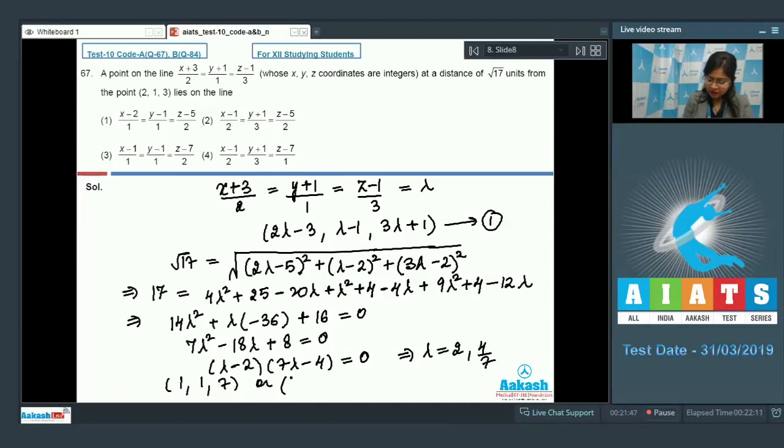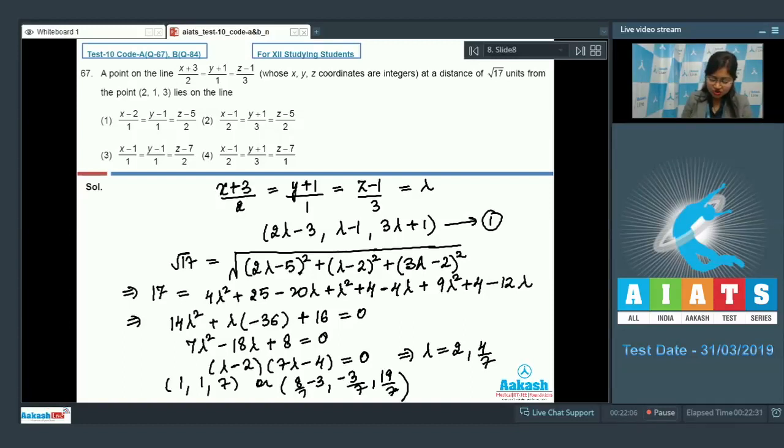The other point will be 8 by 7 minus 3, 4 by 7 minus 1, that is minus 3 by 7, and 3 lambda, that is 12 by 7 plus 1, that is 19 by 7.